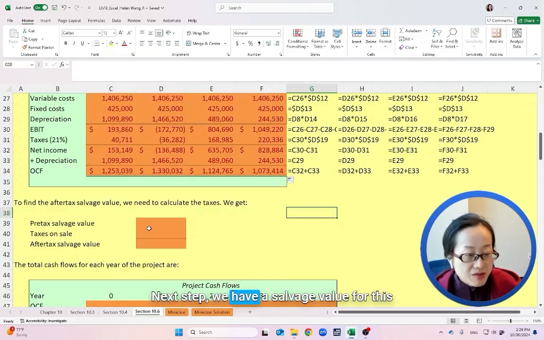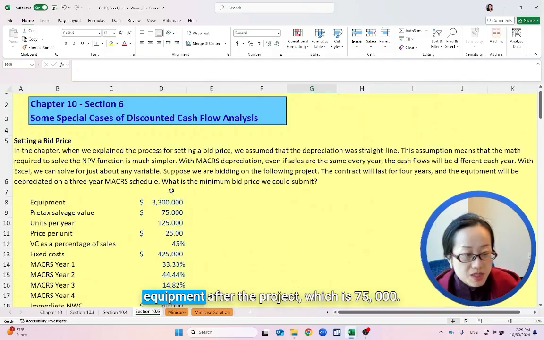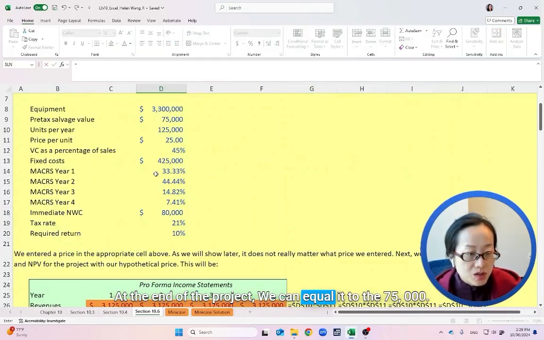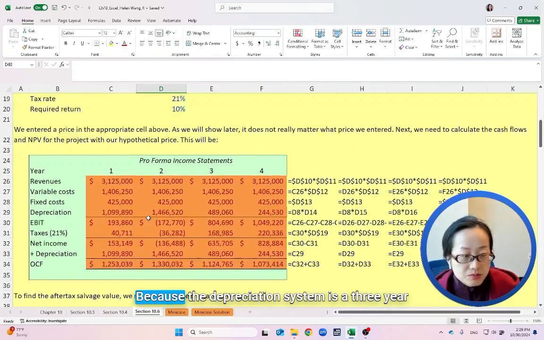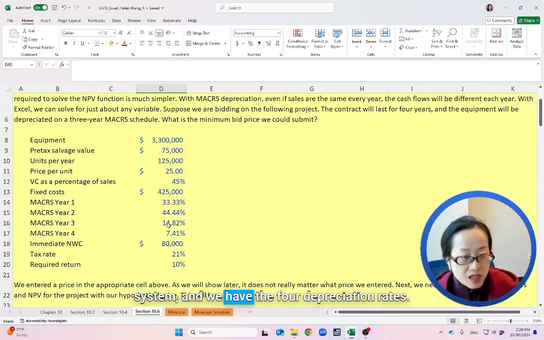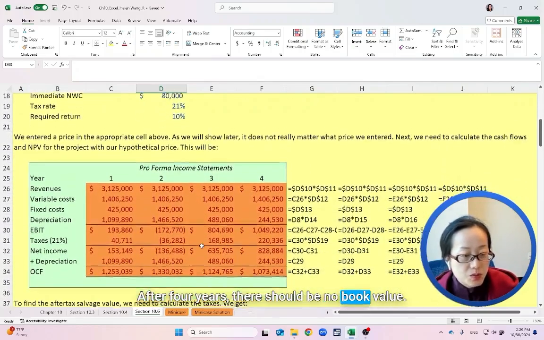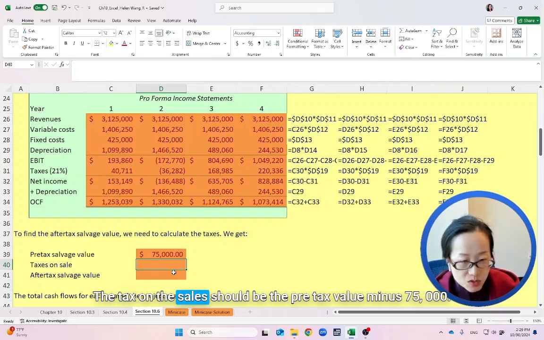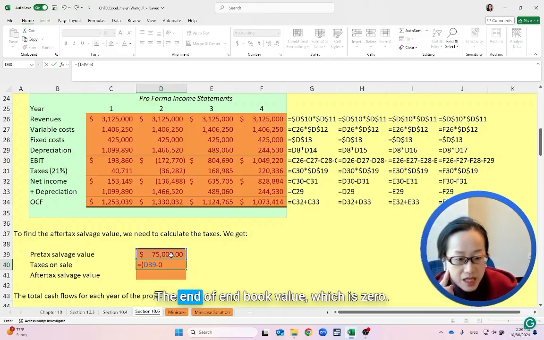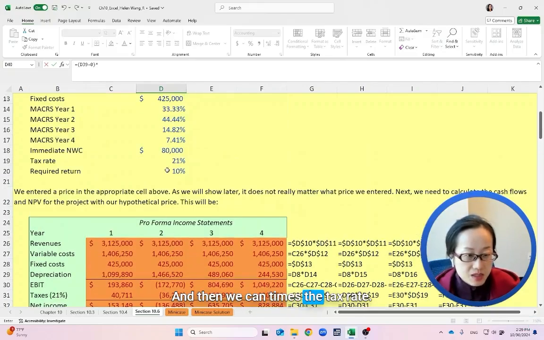Next step, we have a salvage value for this equipment after the project, which is 75,000. At the end of the project, the book value is zero, because the depreciation system is a 3-year system and we have 4 depreciation rates. After 4 years, there should be no book value. The tax on the sale should be the pre-tax value minus the end book value, which is 0, and then we multiply by the tax rate.